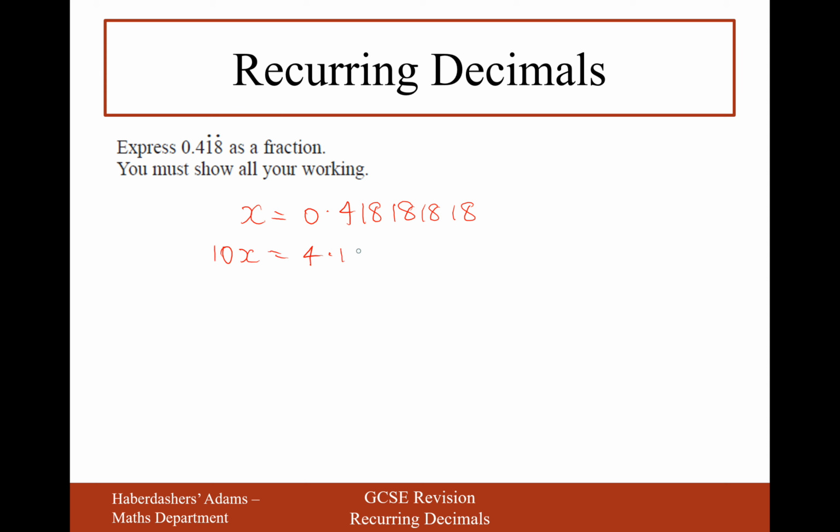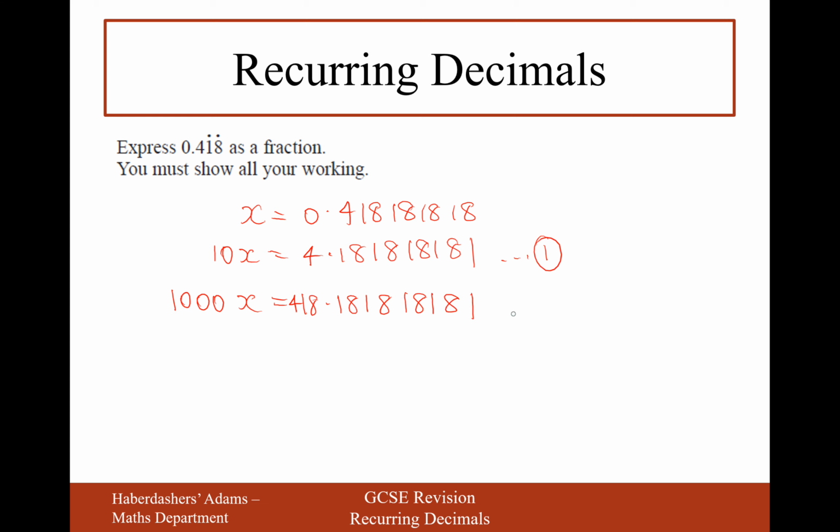That will be 4.181818181. Now I need all the decimal places to move up 2 positions, so I'll have to multiply by 100 onto this factor of 10 already, so it's 1000x now, in which case I have 418.181818181.